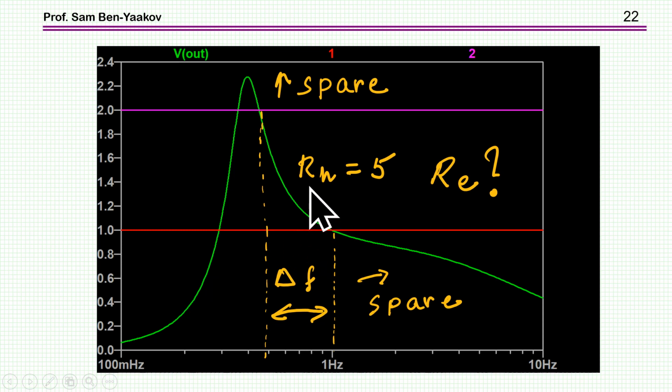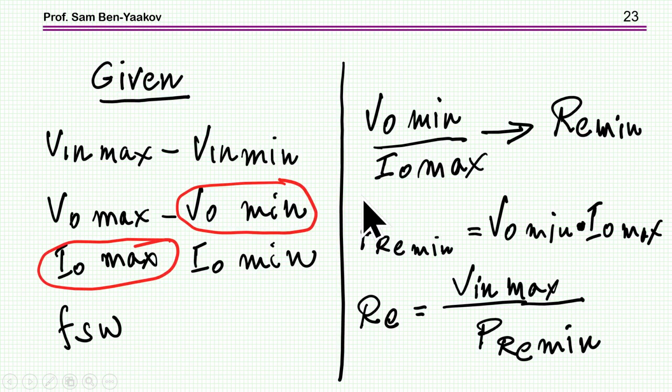I have to choose a normalized resistance, and if the ratio is 2, the choice is 5. This is a universal choice. The question is, what is RE? Because I need RE, R sub E, in order to do all the calculation back to the parameters.